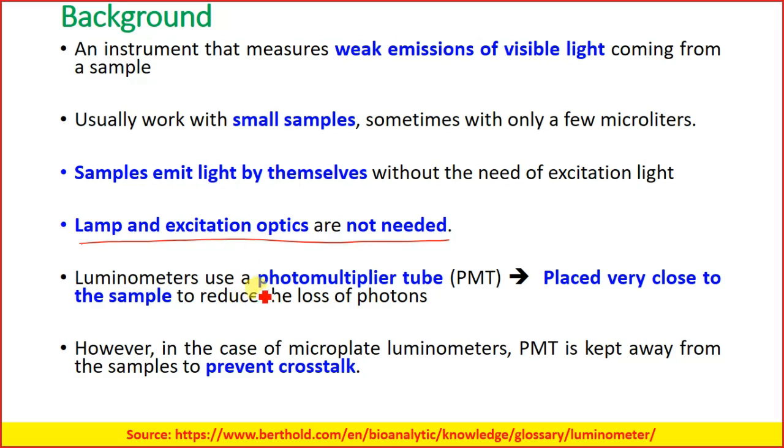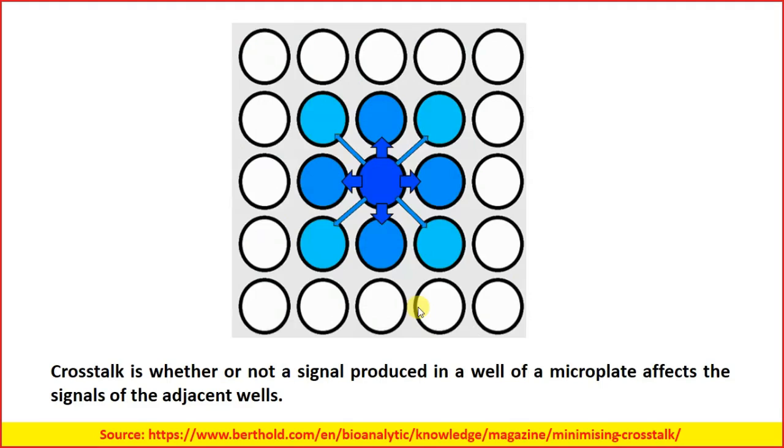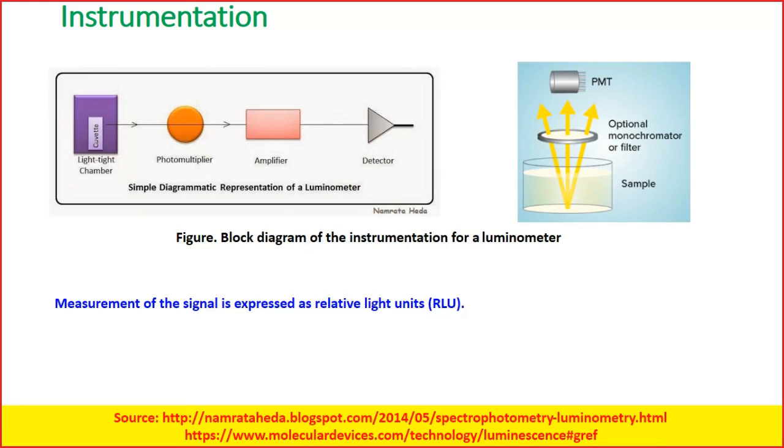In fact, they have photomultiplier tubes placed very close to the sample so that we can reduce the loss of the photons. So we have looked into how we are getting this.